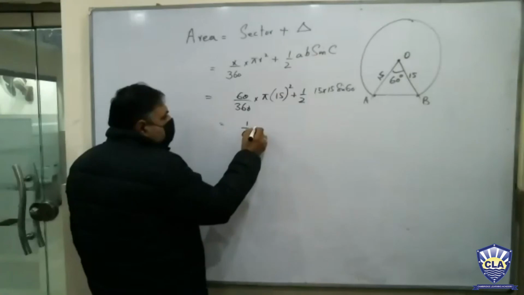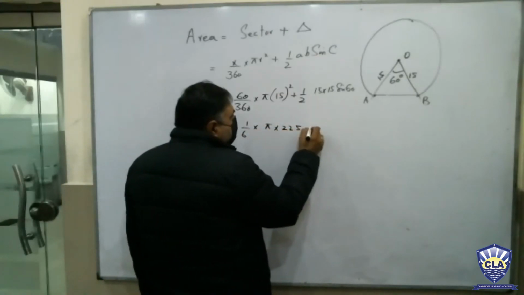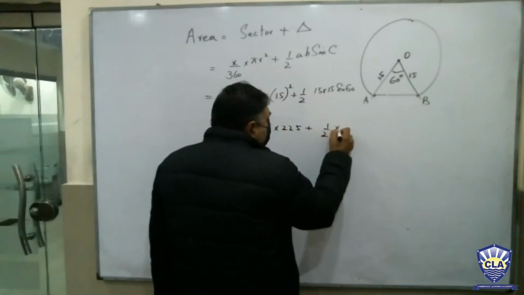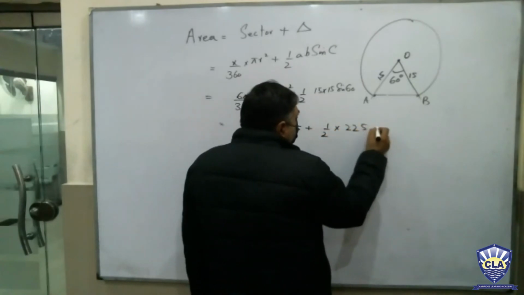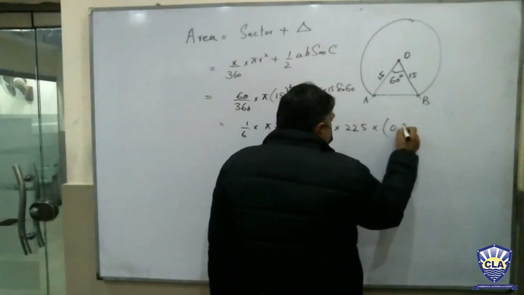One over 6 into pi into 15 square plus 1 by 2 into 15 square sine 60, sine 60 is 0.866.